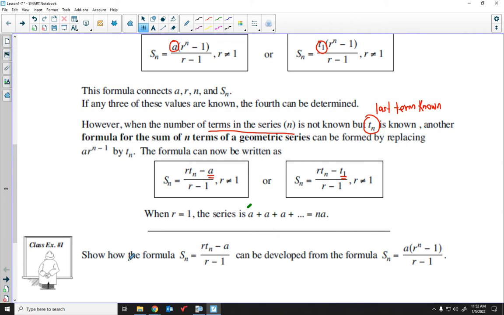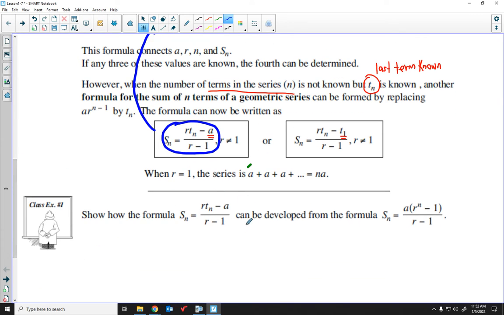Now, this example just wants us to quickly show how you could, for example, take this equation right here and then obtain this one. How can we show these two equations are actually equivalent? So I want to show that this S of n equation is equivalent to this one right here.